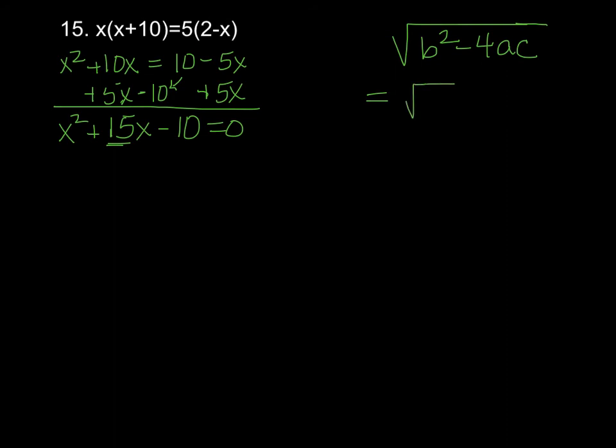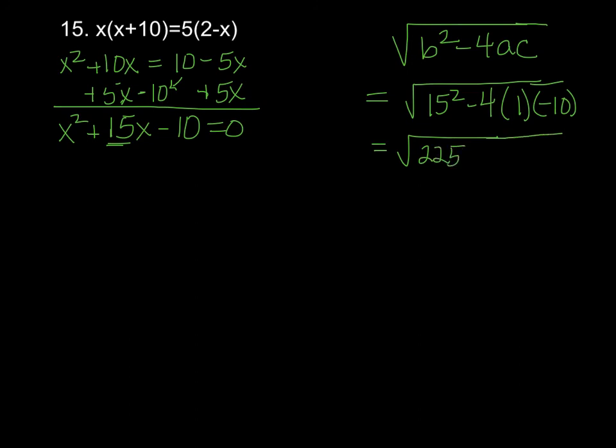So 15 squared minus 4, our a is 1, that's the number in front of the x squared, and then our c is the number at the end, which would be negative 10. All right, so 15 squared is 225. And then I have a negative 4 times 1 times negative 10, which is plus 40. And if I keep going with that, I will get the square root of 265.